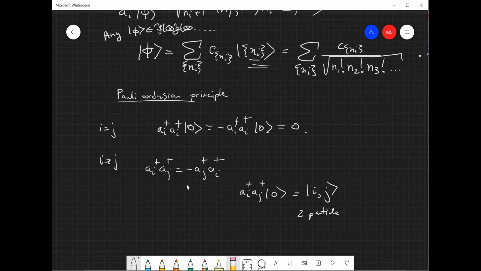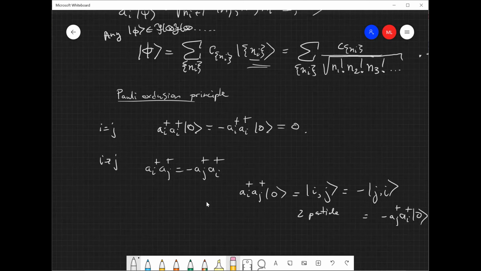You see that has to be minus the 2 particle state where the first particle is in state j and the second in state i, because this is equal to minus a_j dagger a_i dagger. So you have to be careful. You have to have a specified order in which you list the single particle states. Something to keep in mind.